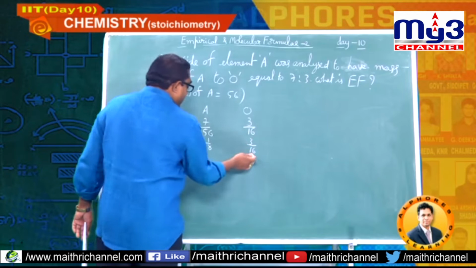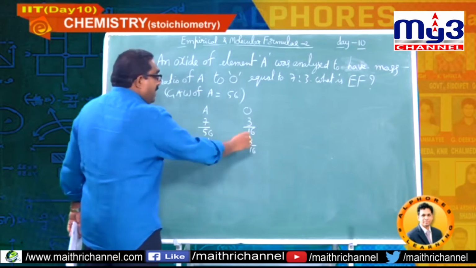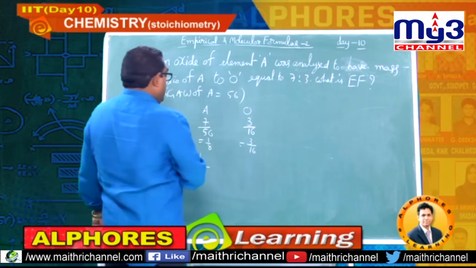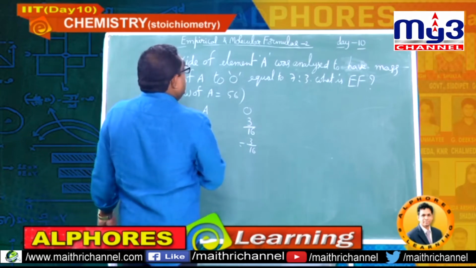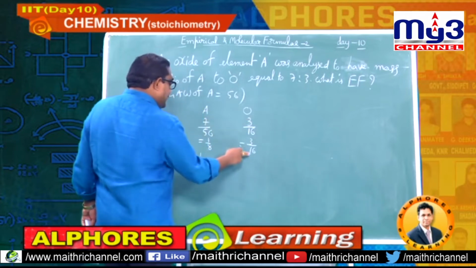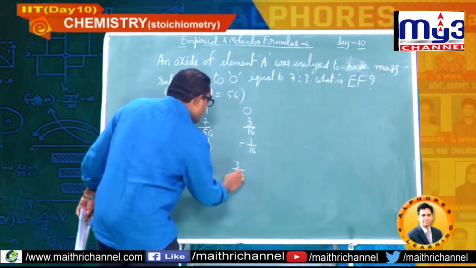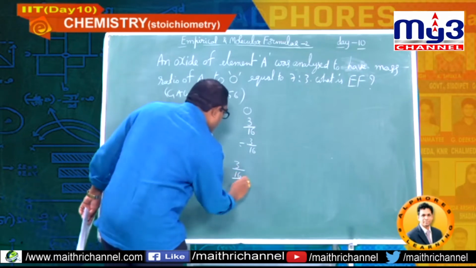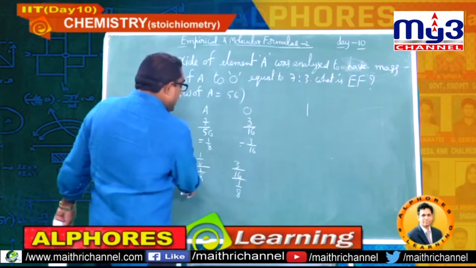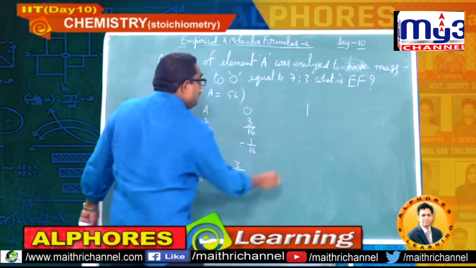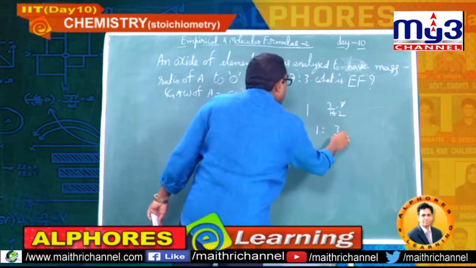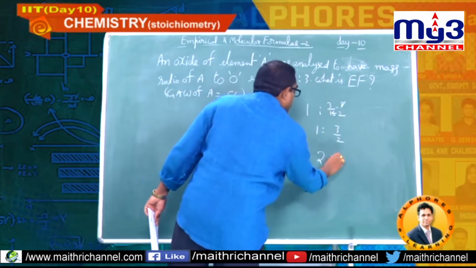This is 1.5 by 8. So 1 by 8 is the least number, so you have to divide with this. Here 3 by 16 by 1 by 8, students. Here 1 you will get for this, and this will go like this. 3 by 16 into 8, that is 3 by 2. 1 is to 3 by 2. So that is 2 is to 3.